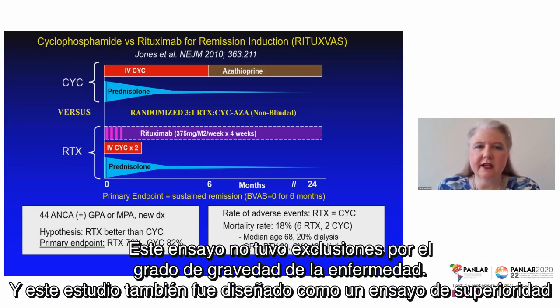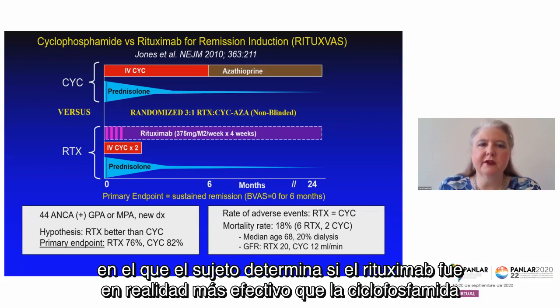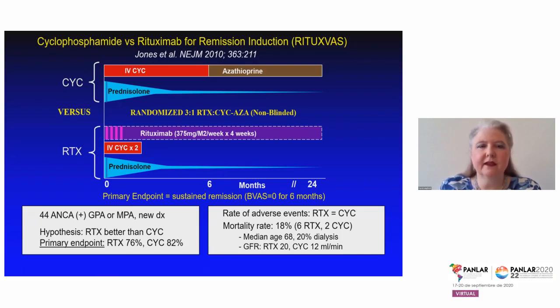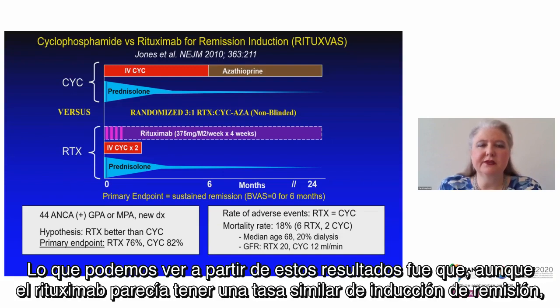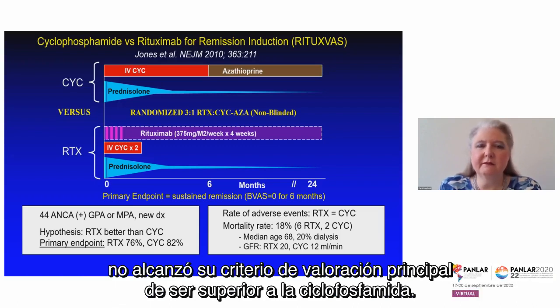This trial did not have any exclusions for the degree of disease severity, and this study was also designed as a superiority trial, in which they sought to determine if rituximab was actually more effective than cyclophosphamide. What we can see from these results was that although rituximab appeared to have a similar rate of remission induction, it did not meet its primary endpoint of being superior to cyclophosphamide.